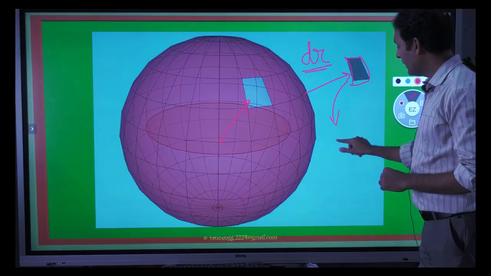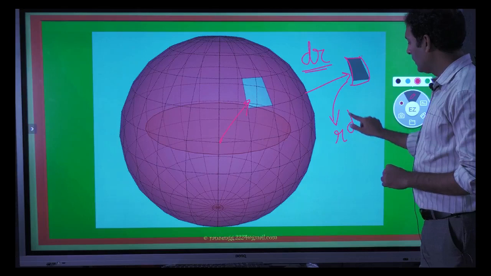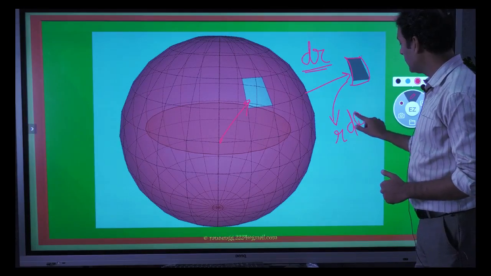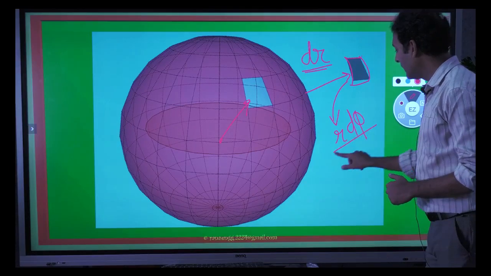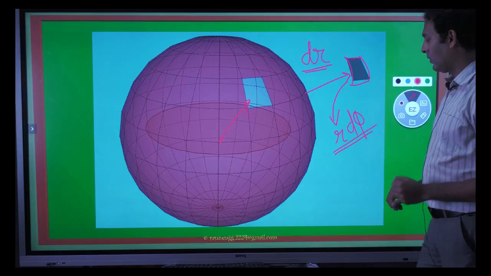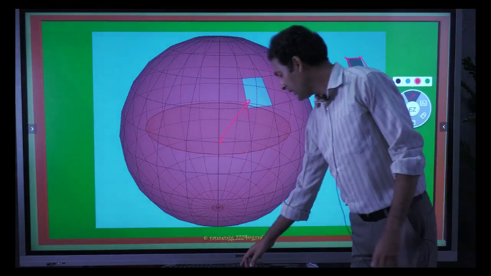Similarly here, this time phi is the angle with the 0 to 2 pi limit. So the second element will be r d phi. So we have 2 elements right now. Now we will explore it in more detail.